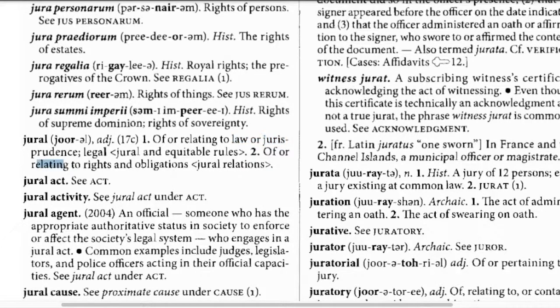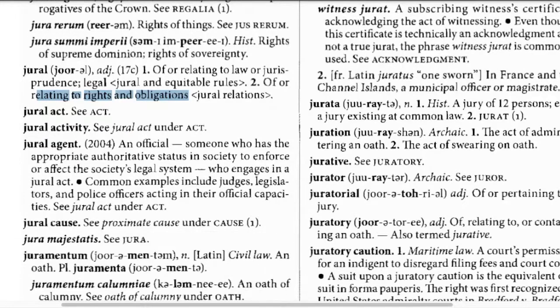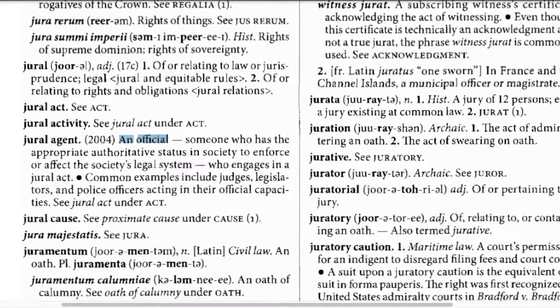Of or relating to rights and obligations. The name of jural. So sweet a jural agent is, or jural an official, 2004. Common law examples include judges, legislatures, and police officers acting in their official capacities. Interesting. Common law examples of jural agents, an official, someone who has the appropriate authoritative status in society to enforce or affect the society's legal system.